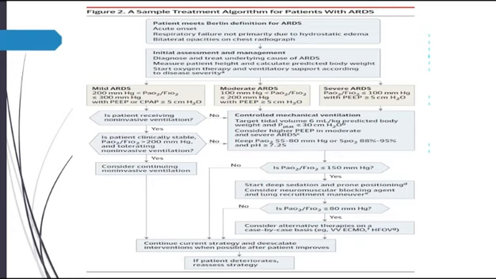Consider higher PEEP in moderate or severe ARDS, and then keep the PaO2 in between 55 and 80 millimeters of mercury, or oxygen saturation 88 up to 95%, and pH 7.25 or above. Do you agree? Do you believe that this can be reasonable?